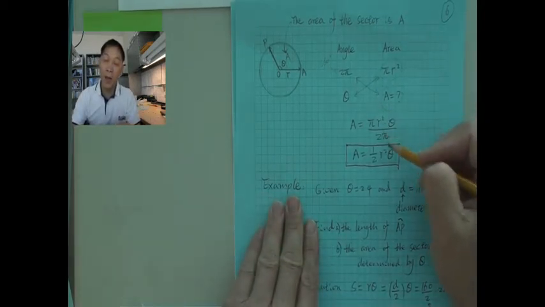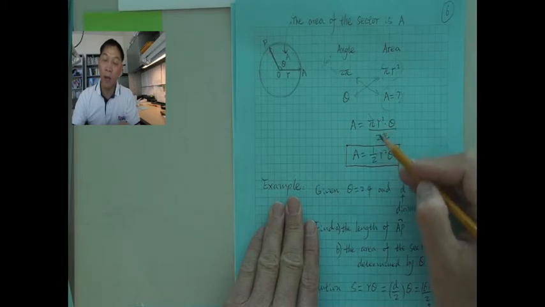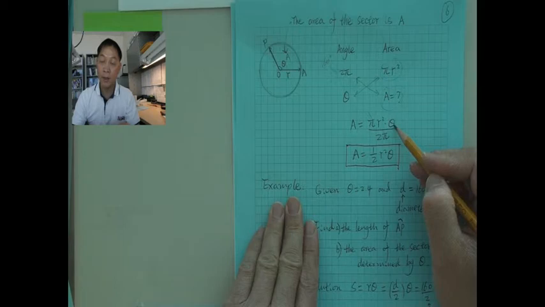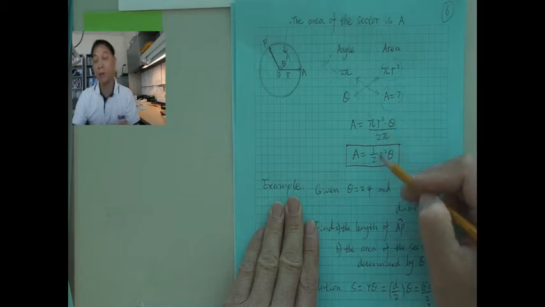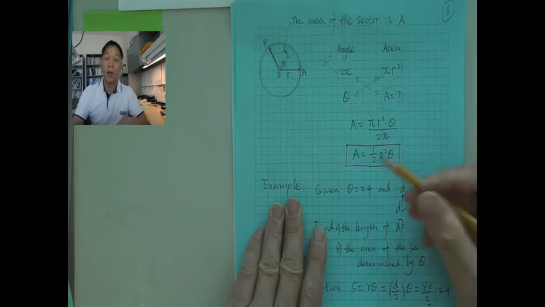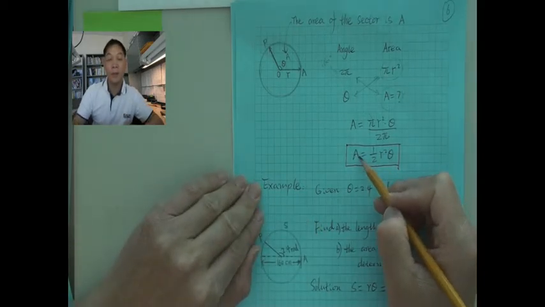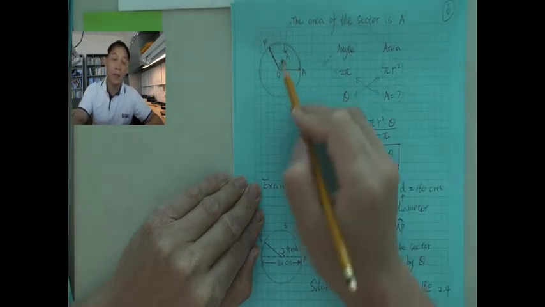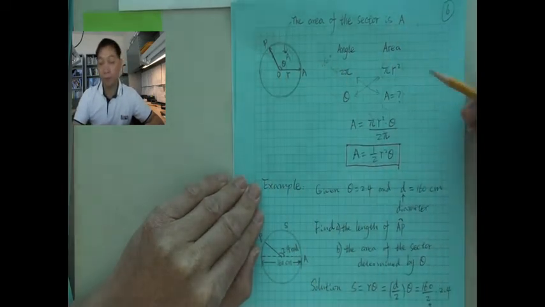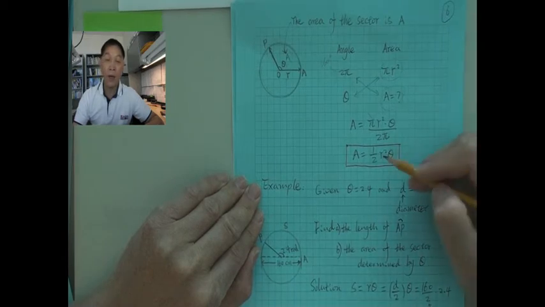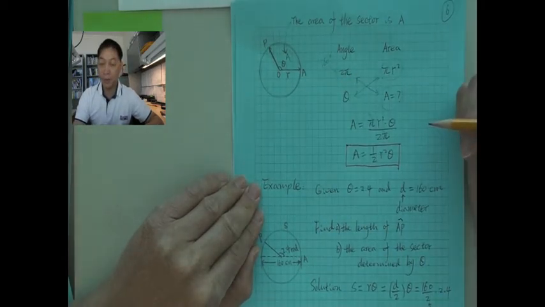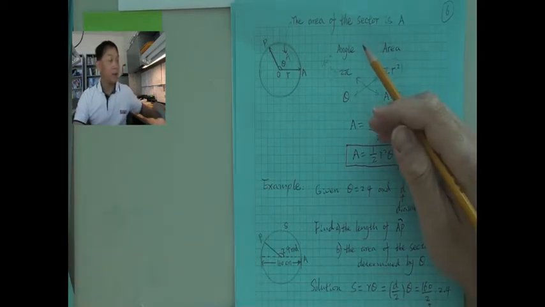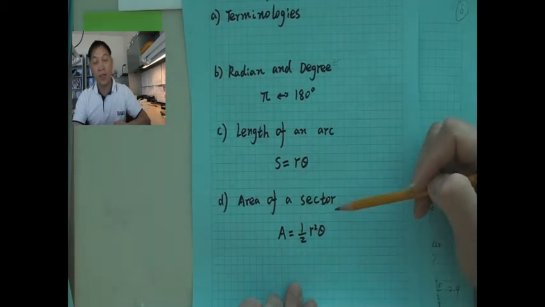So then you cancel pi, so you have 1/2 r squared times theta. So A is the area of this sector, and theta is the corresponding angle, and r is the radius. Okay? So this is the formula to find out the area of a sector.